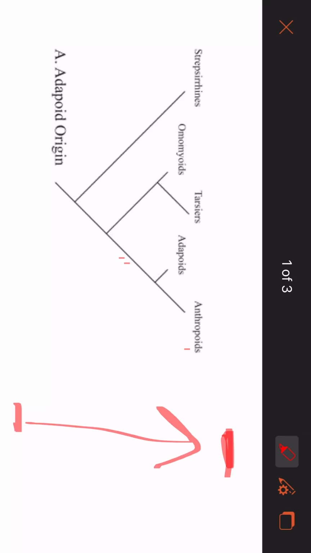So down here is the origin species for all of the species that you see in this chart, including strepsirrhines, omomyoids, tarsiers, adapoids, and anthropoids. And this species, which is unknown, we really don't have many examples of it in the fossil record.